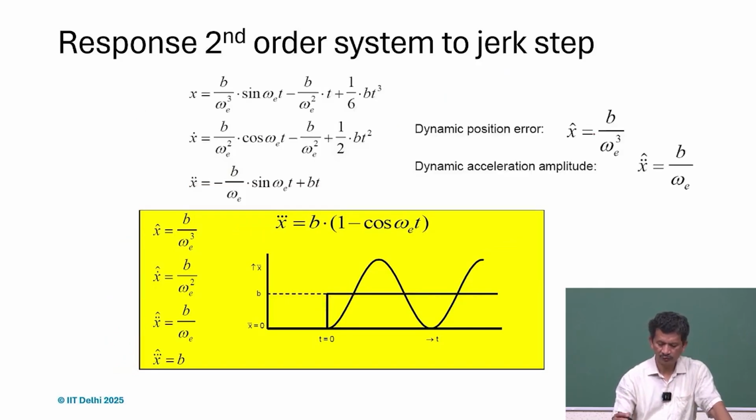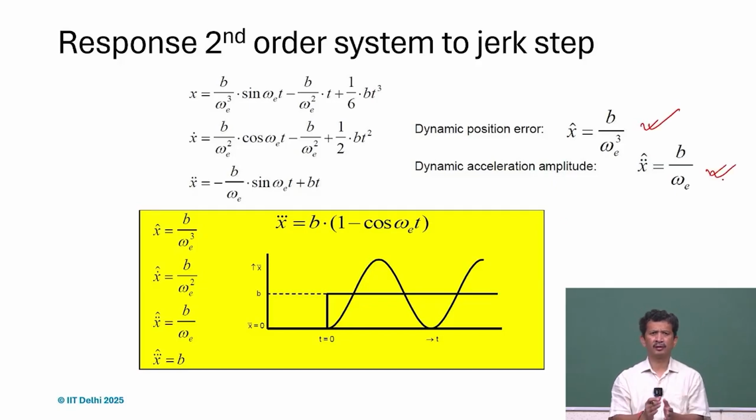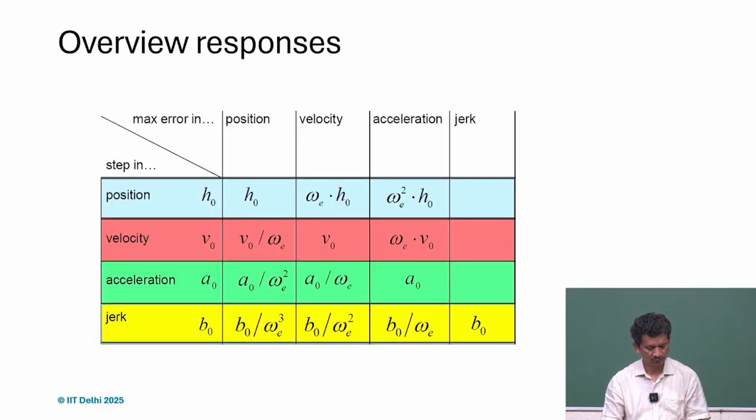And in this case also you have a dynamic positioning error, and so in all these cases you see that there are positioning errors associated, and it can be summarized here for different kinds of step response.